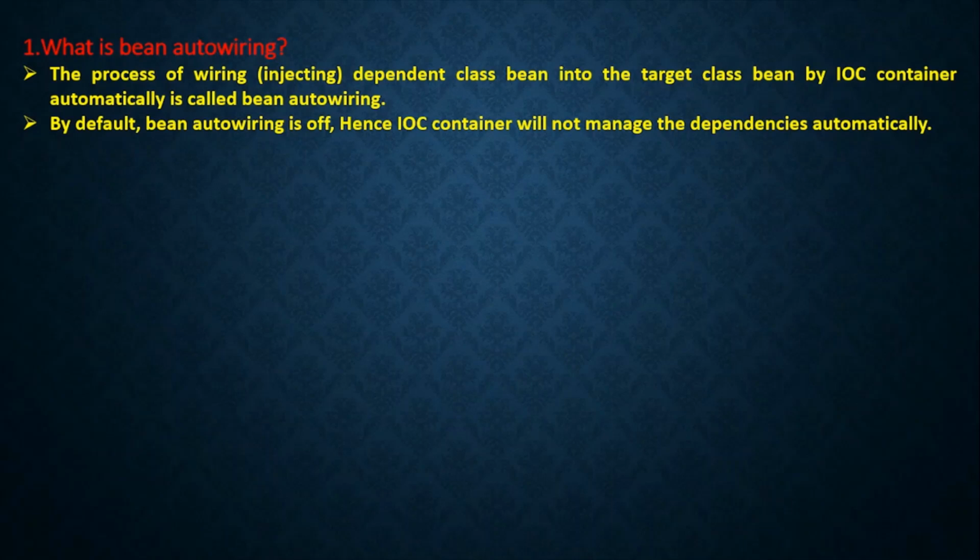So the programmer should provide the autowiring details in the application context.xml file, so that the IOC container will detect how to inject the beans. That part IOC will take care of, but we need to configure. By default autowiring is off, so the programmer needs to turn it on.